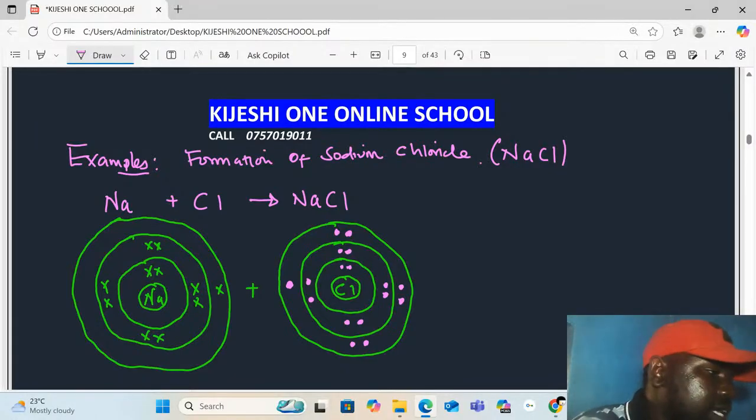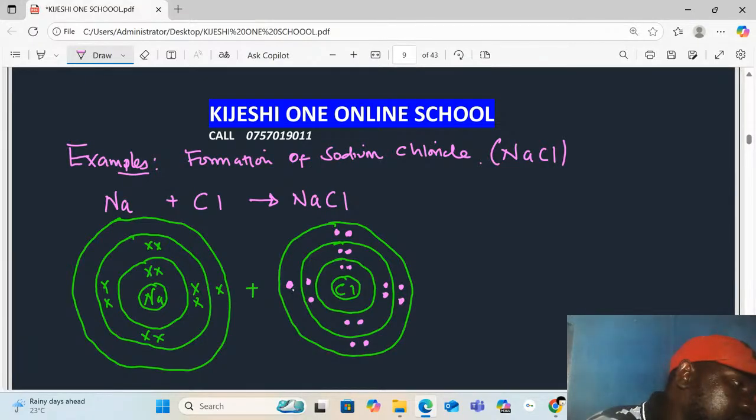If you look at this clearly, you can see we have one electron in the outermost energy level here, and another part where it has 7. Therefore, for sodium to acquire stability, it must lose this electron, and this electron will be received by the chlorine atom, so that it now has 2.8.8.